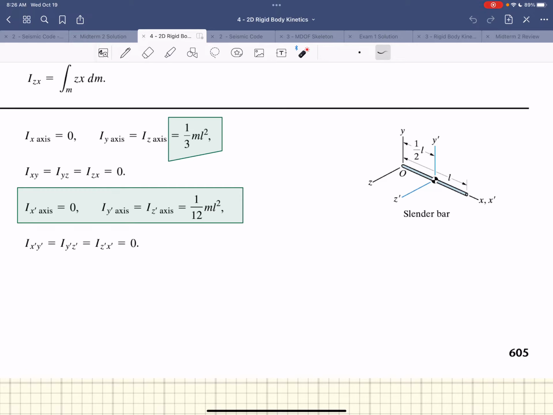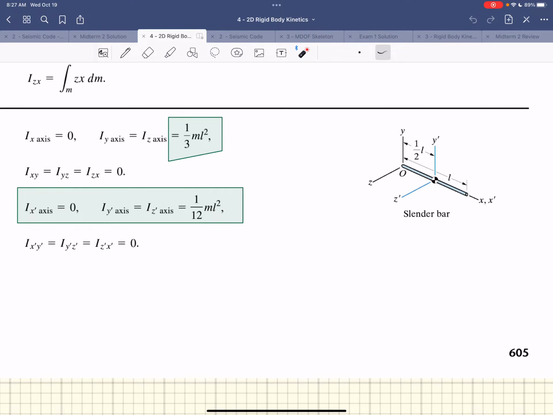These tables are usually set up in a way where, if I'm taking the moment of inertia about O, or in this case the x, y, or z axis, it tells us what that is, so that's 1/3 ml squared. Or if I'm doing it about the centroid, which is denoted by those primes right there, it gives you a different equation: 1/3 ml squared versus 1/12 ml squared.